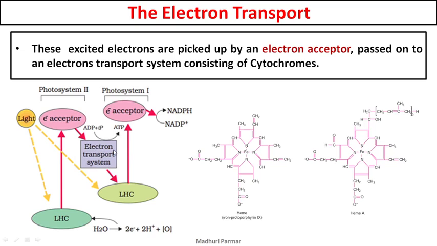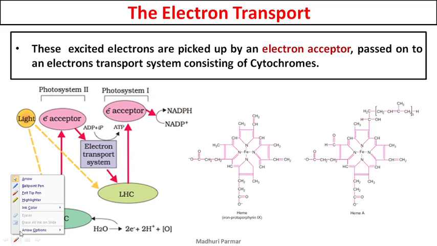So that electron will be passed over to the electron transport system. Electron transport system is also made up of different components, most of which can be the type of cytochromes. If you have never heard of cytochromes or you do not know exactly what they are, let me tell you. So remember heme group, this here is the heme group. The ring here is called porphyrin ring.